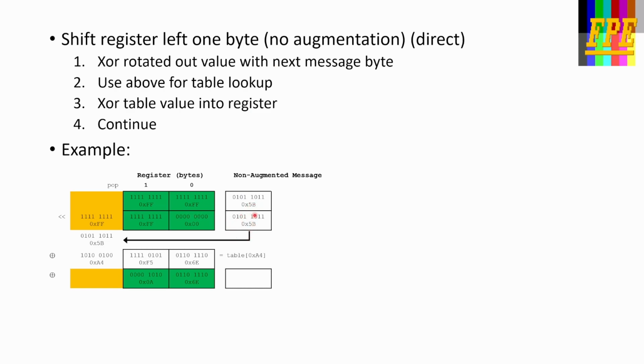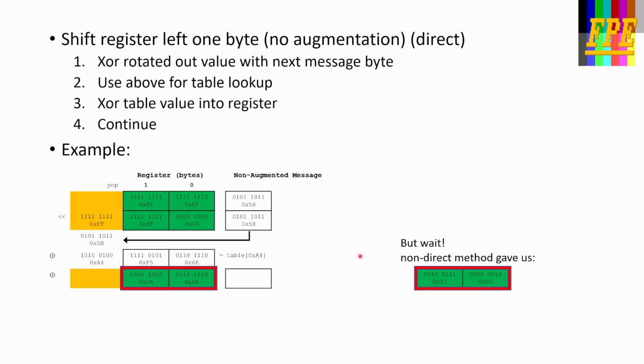So we bring the message over here and exclusive OR it with what was popped out instead, and that gives us this 0xA4 in this case. And then you do a table lookup for what 0xA4 is, which is this F5 and 6E, exclusive OR that with your previous register, and you have your new register. So that is your CRC, you're done.